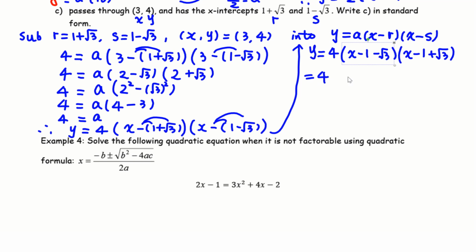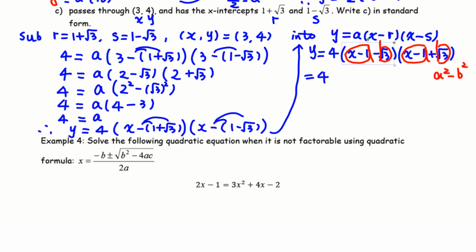So we are going to use this one, a minus b times a plus b, it will give you a squared minus b squared.